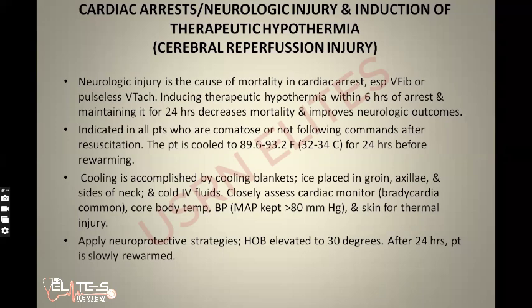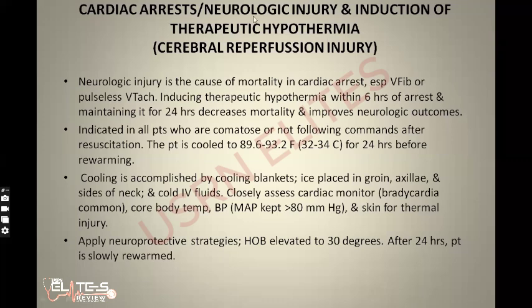So we have come to look at neurologic injuries in cardiac arrest, and we have something we call therapeutic hypothermia. It helps a lot for cerebral perfusion injuries, especially during cardiac arrest. That is what we are looking at right now. When we talk about therapeutic hypothermia, therapeutic means treatment, something that helps in treatment, and hypothermia here is low temperature.